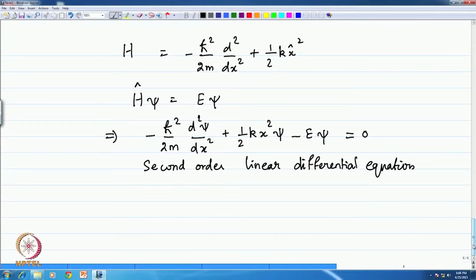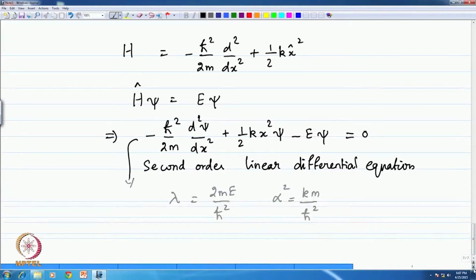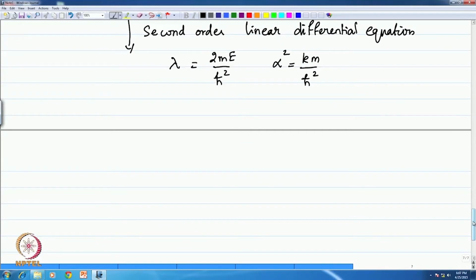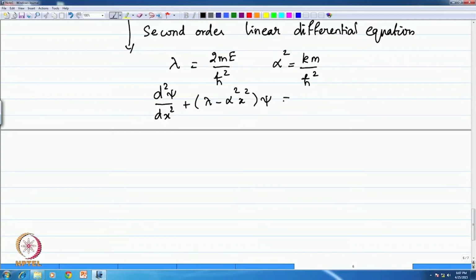This lecture will not tell you how to solve this differential equation, but it will tell you that if you rewrite this by introducing a simple parameter, say for example lambda is equal to 2mE by h bar square, and another constant alpha squared as km by h bar square, if you introduce two new constants, then it is possible for you to write the differential equation as d square psi by dx square plus lambda minus alpha square x square psi is equal to 0.